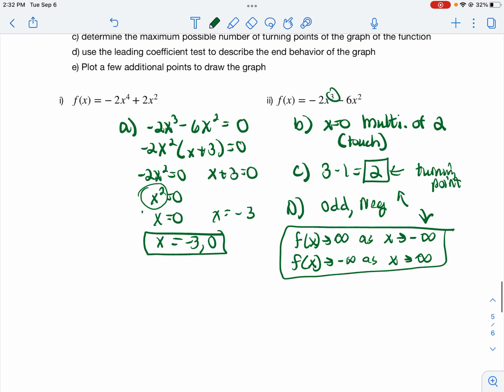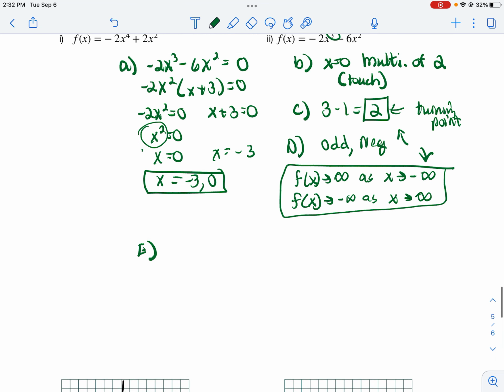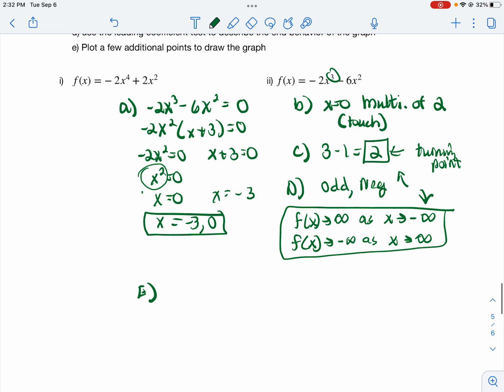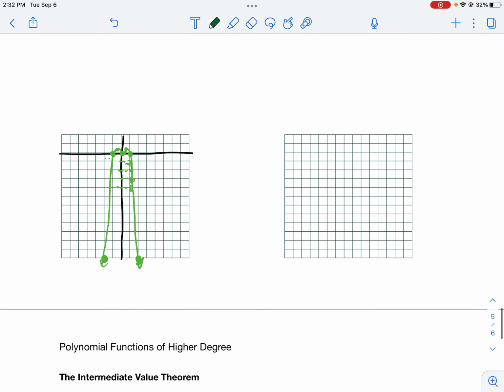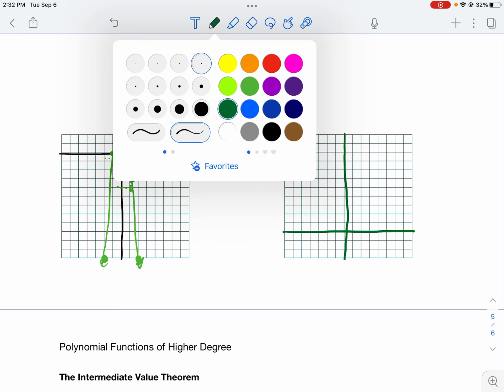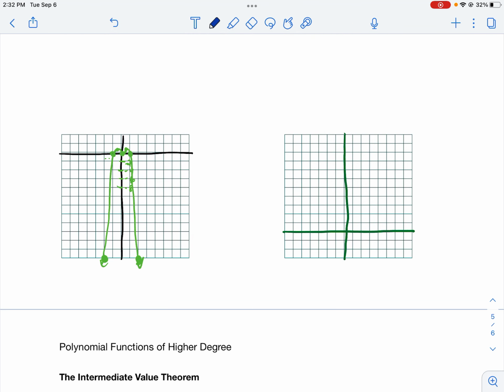And then last but not least, E. Right now in my graph, I've gotten x-intercepts of 0 and negative 3. So I got 0, 1, 2, 3.